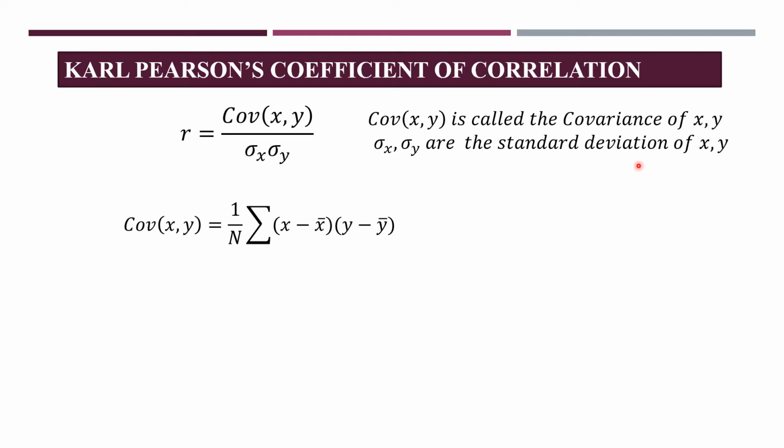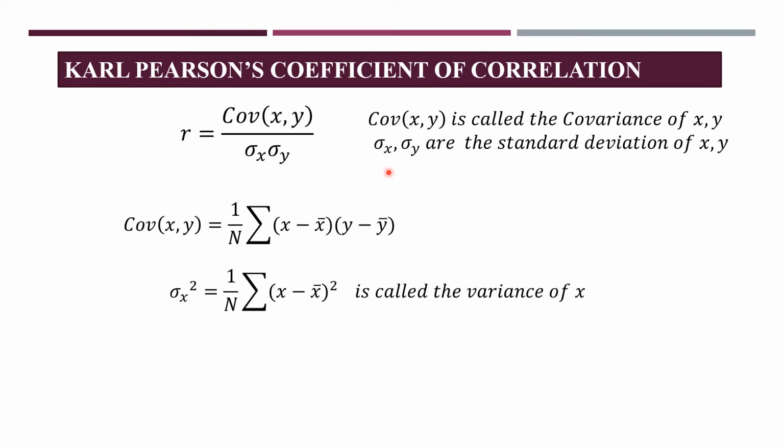Similarly, standard deviation sigma x is the square root of the variance, or we can define sigma x square, which is called the variance of x, as 1 upon n summation of x minus x bar the whole square. Sigma x square is called the variance and sigma x is called the standard deviation.